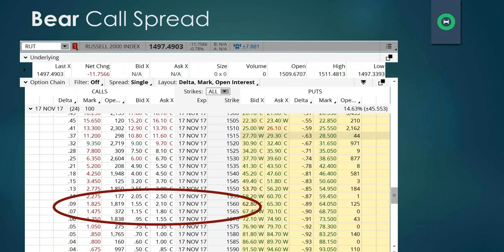Here what we're doing is we are selling the 1560 call, and we are buying back the 1565 call. And what we've got then is the credit is about 50 cents between the difference between those two.